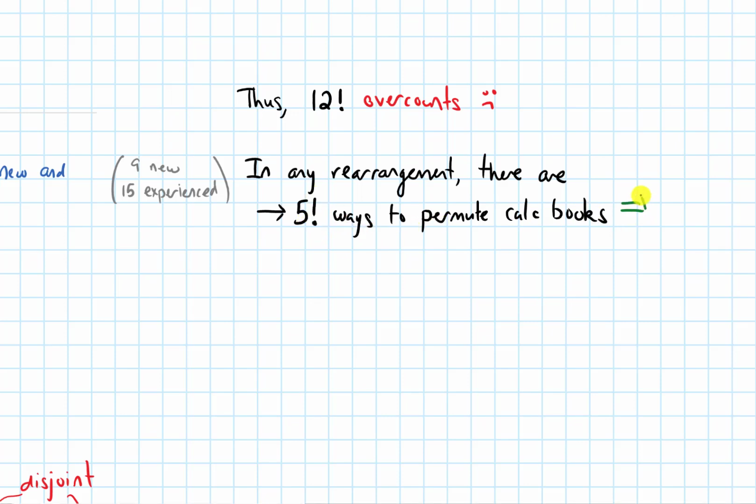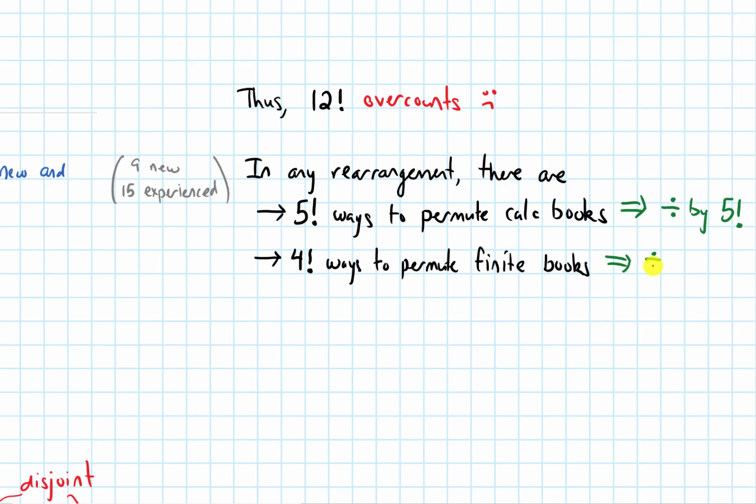So to fix that, I'm going to divide by 5 factorial. Similarly, there's 4 finite math books, so there's 4 factorial ways to permute the finite books. So to fix that, we would divide by 4 factorial.